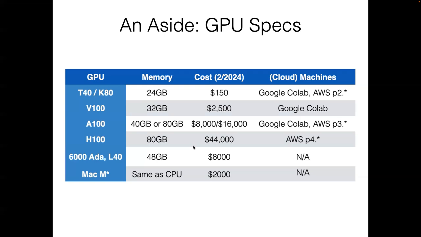So one option is to split up the model across multiple GPUs. We'll actually talk about that in a later lecture as well, like parallelization techniques. But what you could do is you could try to get clever and only update part of your model. So instead of updating all of the model's parameters, just update a smaller number of parameters.